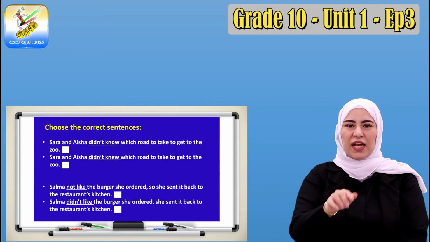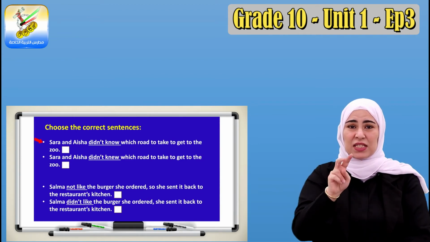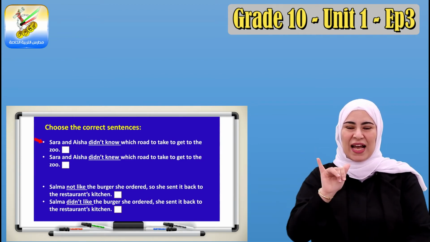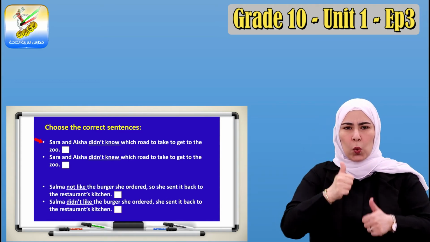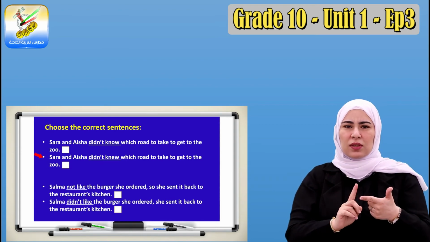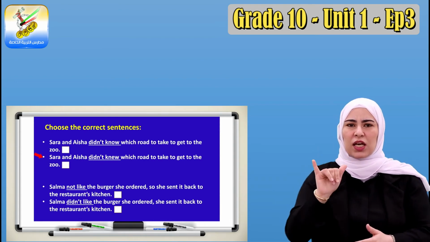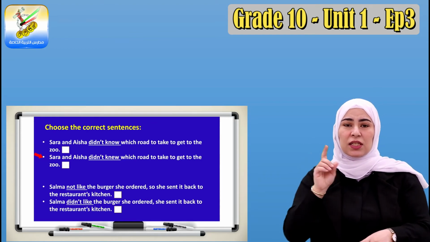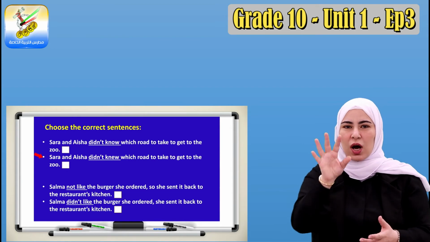Now choose the correct answer and test your understanding. Sarah and Aisha didn't know which road to take to get to the zoo. That's one sentence. The other sentence will be, Sarah and Aisha didn't knew which road to take to get to the zoo. So think about it. It's auxiliary verb and the verb coming after it should be in one form.